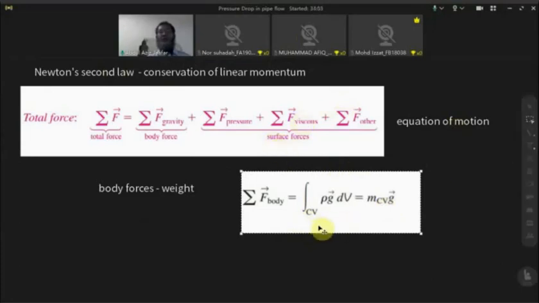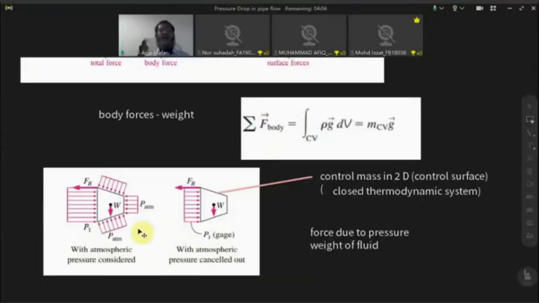Now we can consider a representation of a body of fluid subjected to surface forces and body forces. In this case, we can have two situations. The first one we consider the absolute pressure, and the other is without the atmospheric pressure.